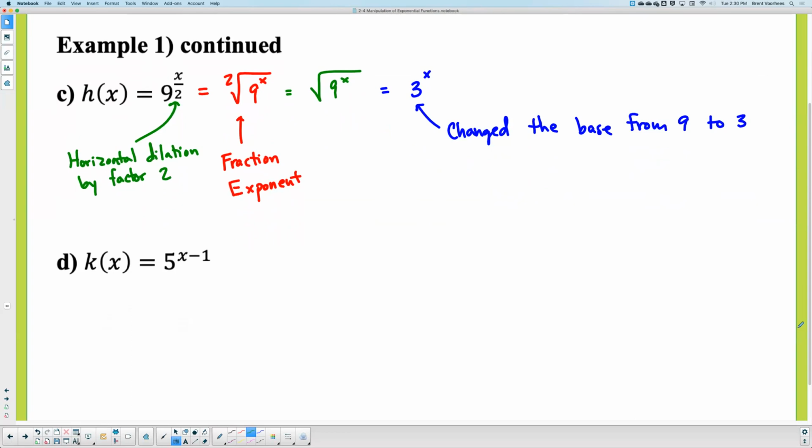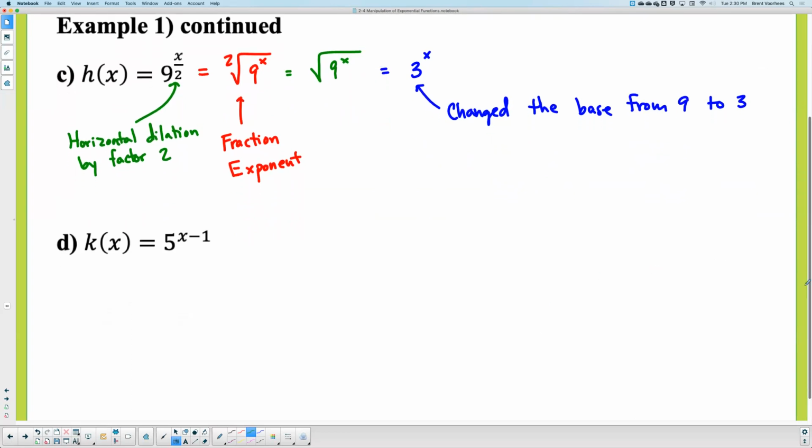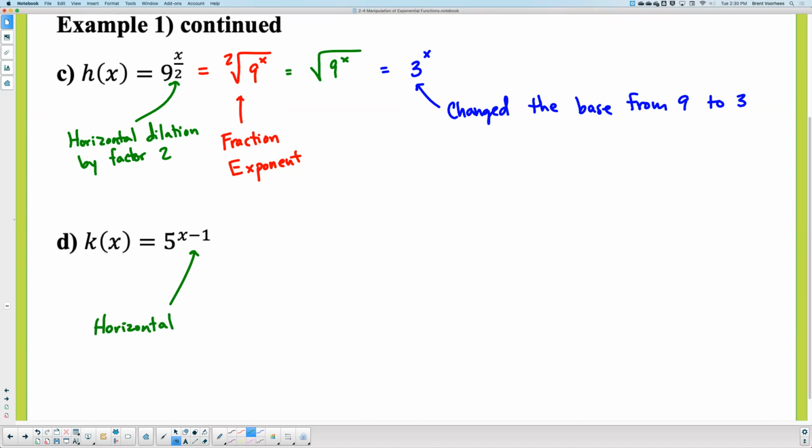Okay, and I got one more for this section here. What's happening with my exponent this time? Oh, I hear horizontal translation. Do y'all agree that that's going to be a horizontal translation? Is it going to be horizontal? Yes. Why is it horizontal? Minus, change in x.